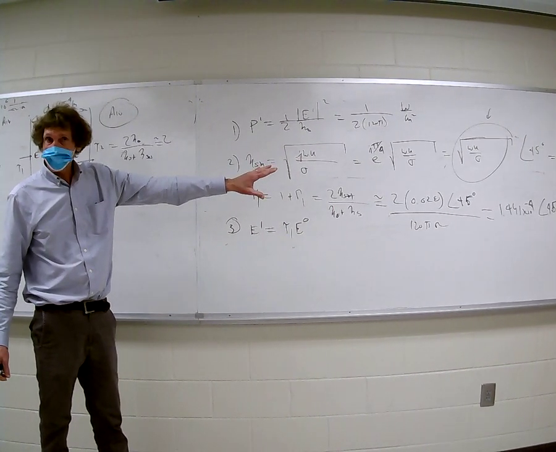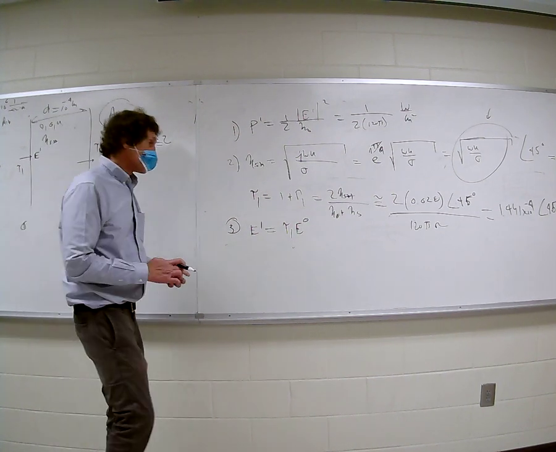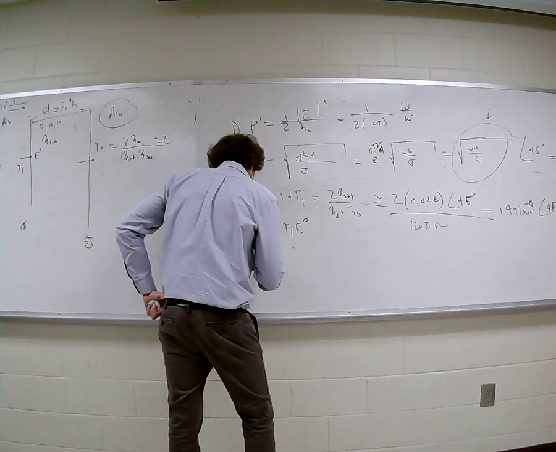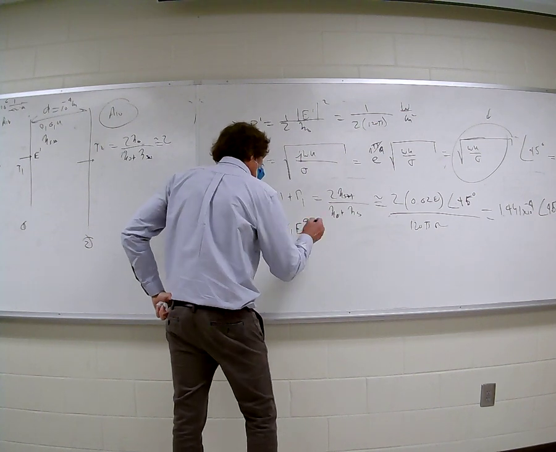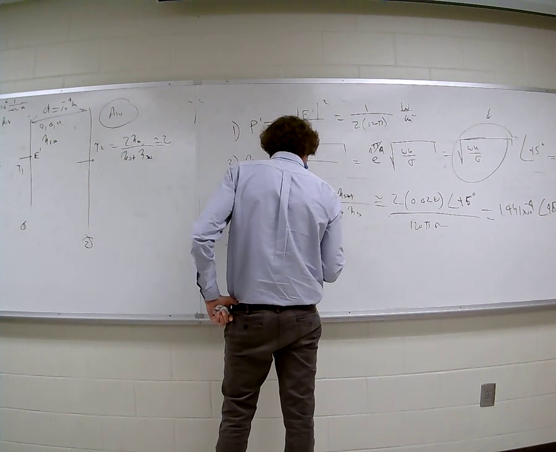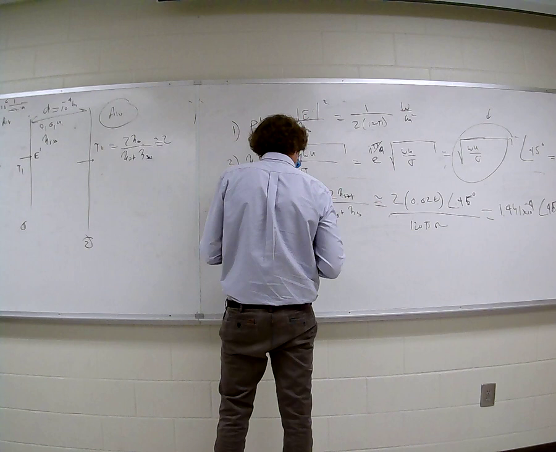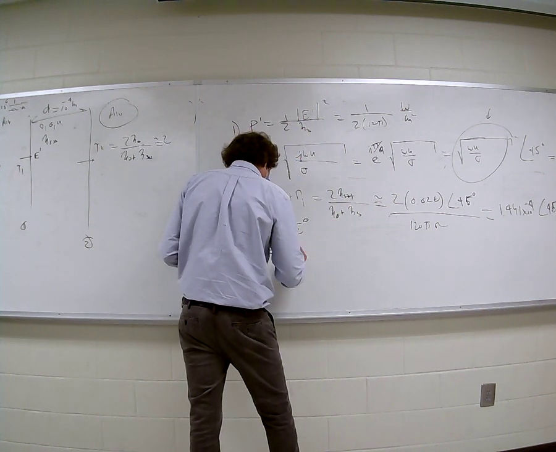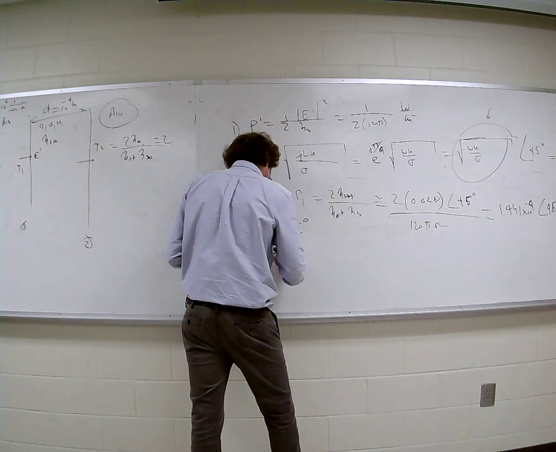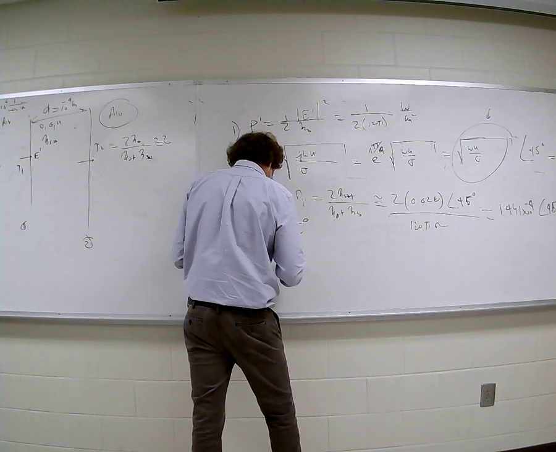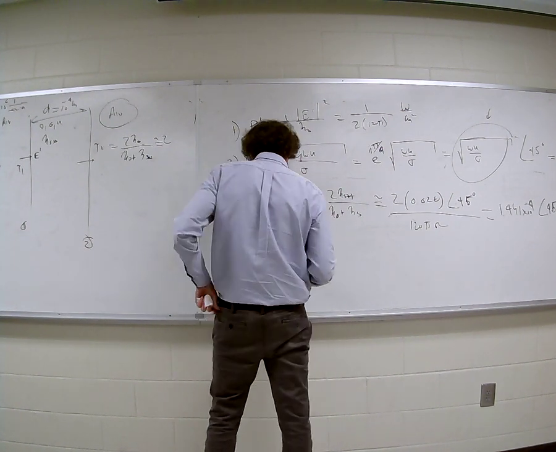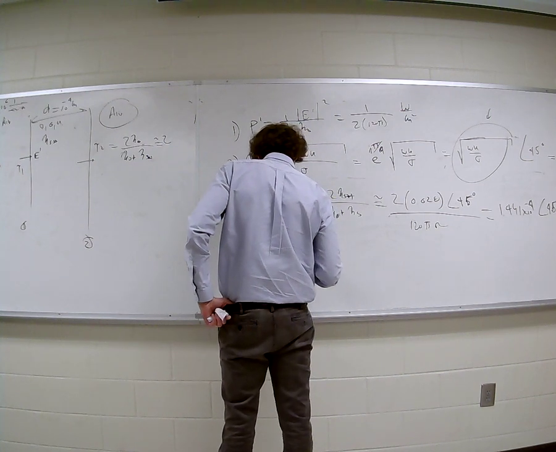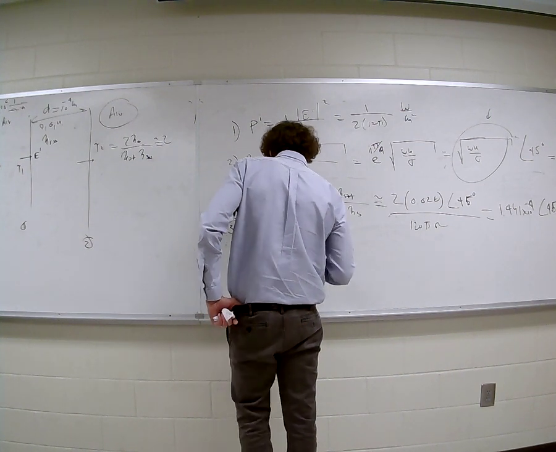Now, please pay attention to this part. But what's the H field? Well, the H field is actually going to be the direction of propagation divided by eta crossed into the E field right there.